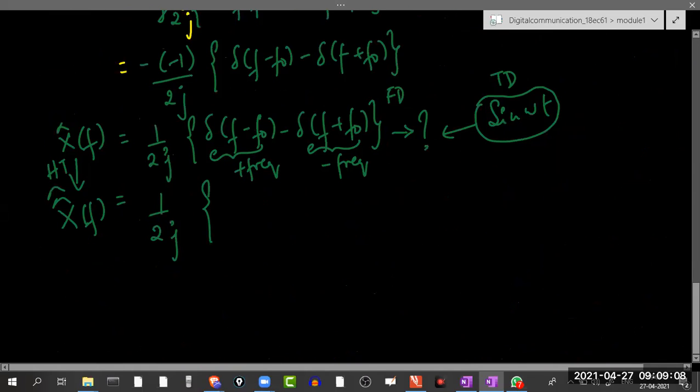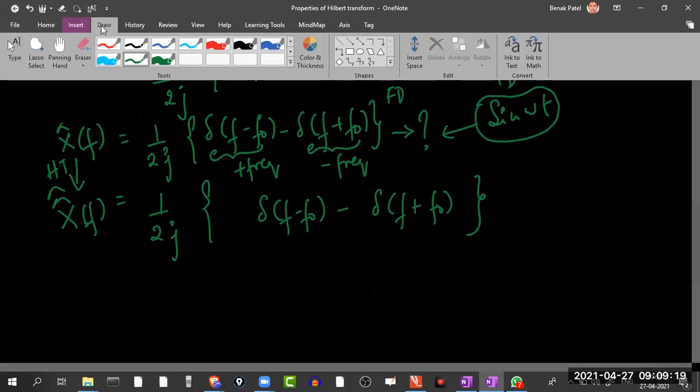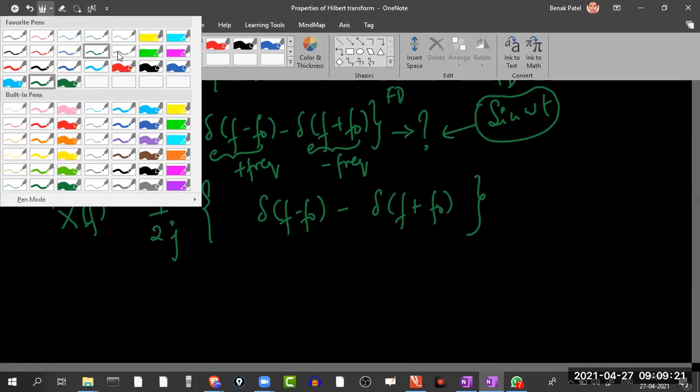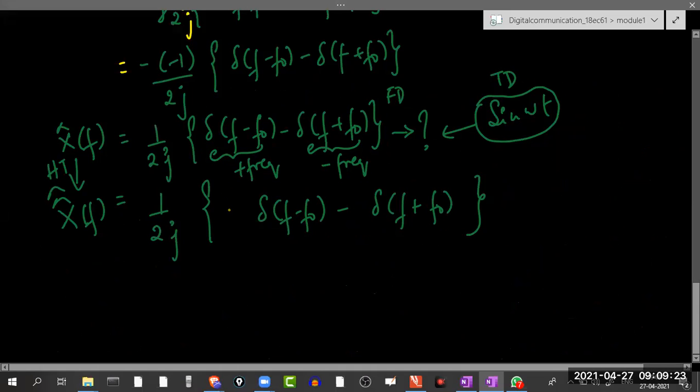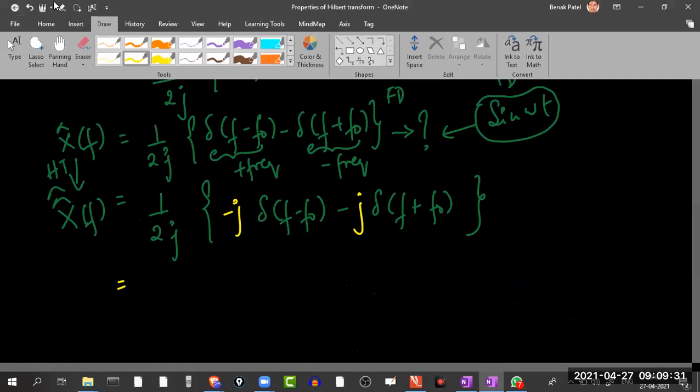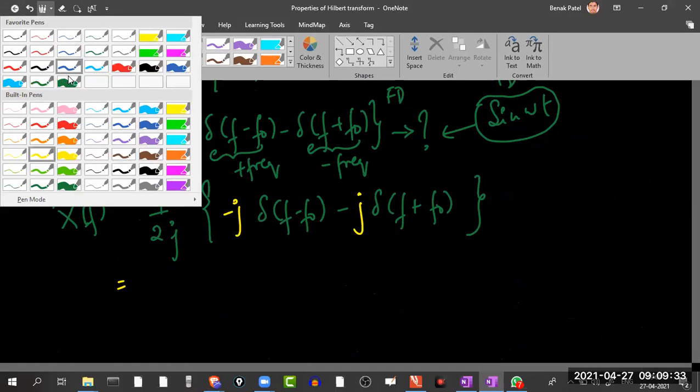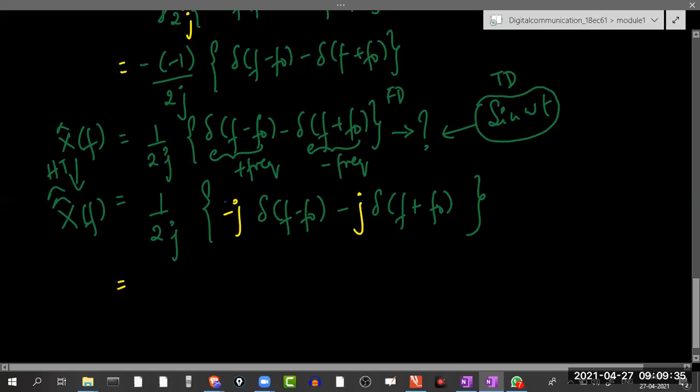So again, I'll associate negative j over here and here positive j, such that now I can take out negative j, that which is common for both the terms, outside.